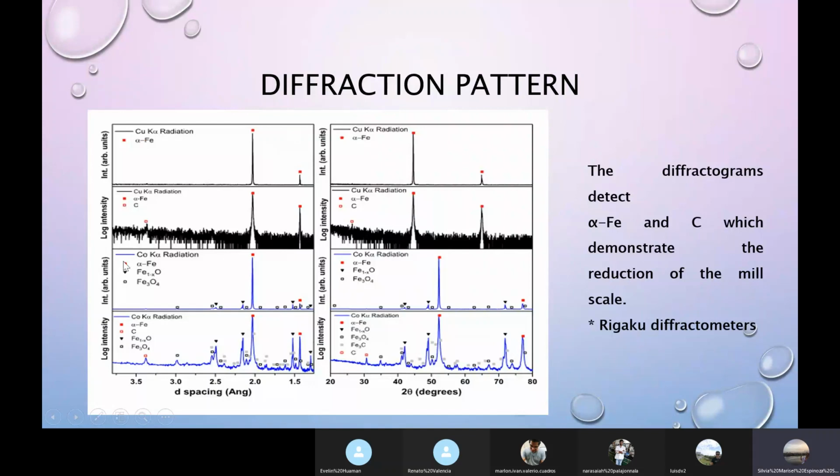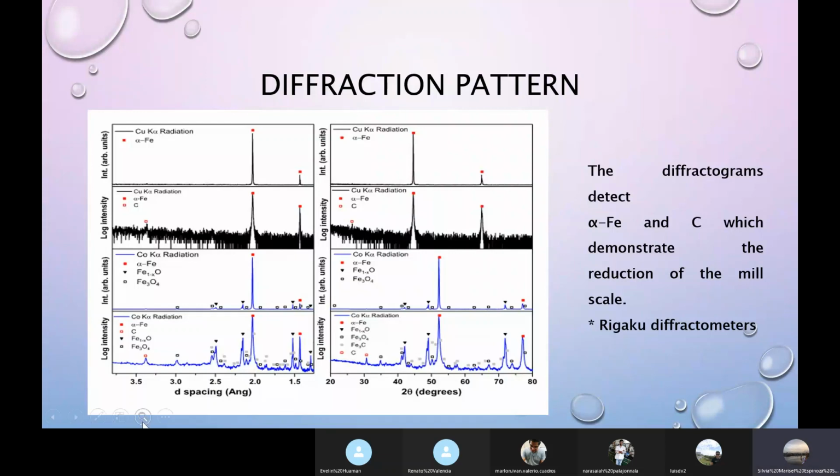The diffractograms detect alpha iron and carbon, which demonstrates the reduction of the mill scale. The X-ray obtained with cobalt radiation resolves the iron component better than copper radiation, since, in contrast to copper radiation, fluorescence by ionization of the iron atoms is prevented.